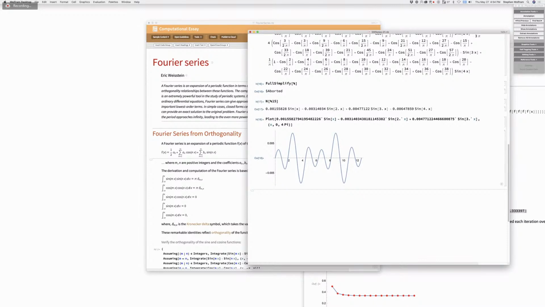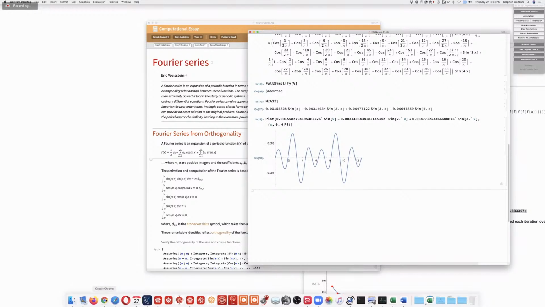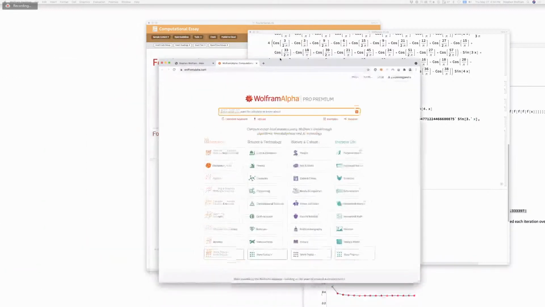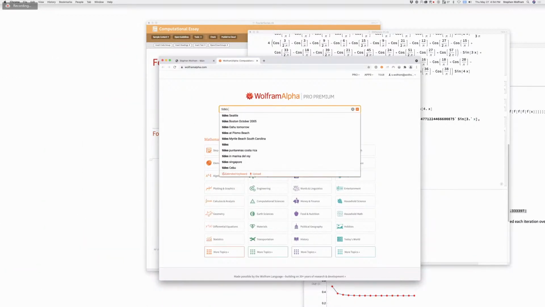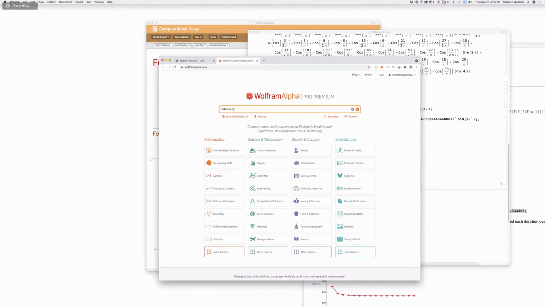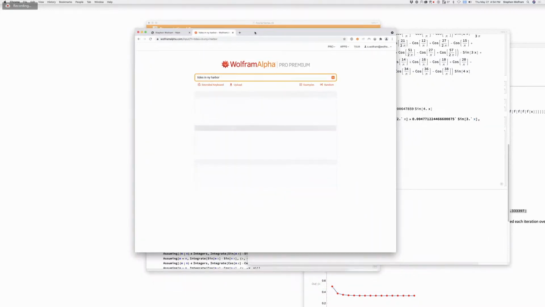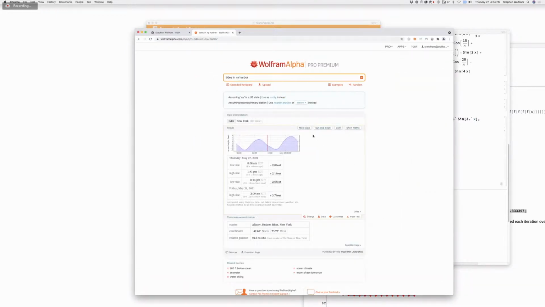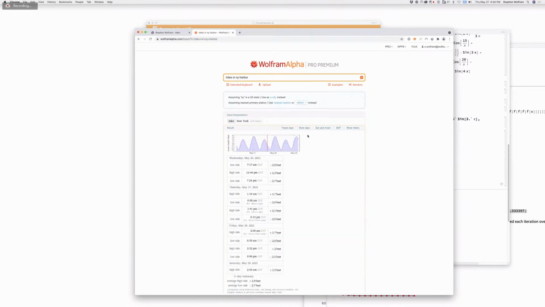If we go to Wolfram Alpha and say something like tides in New York Harbor, and we say more days, it's like, hello, periodic function.